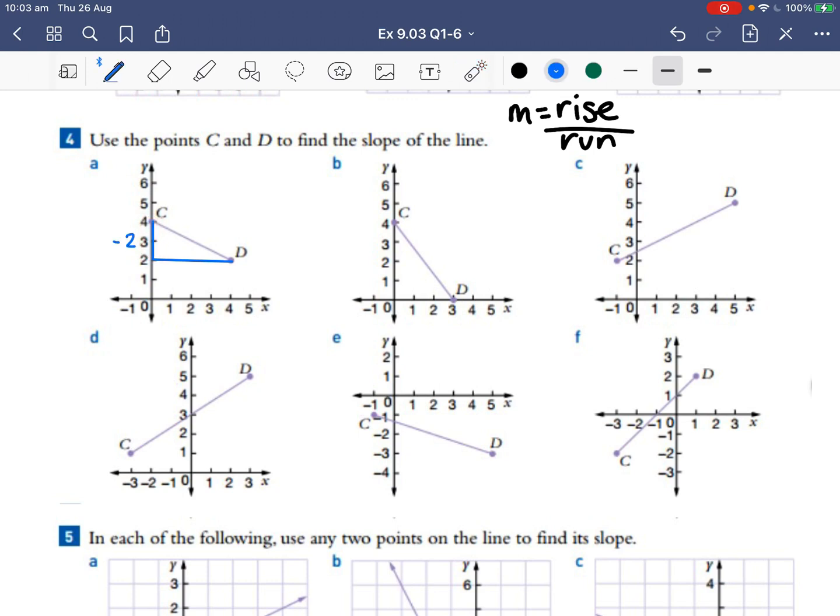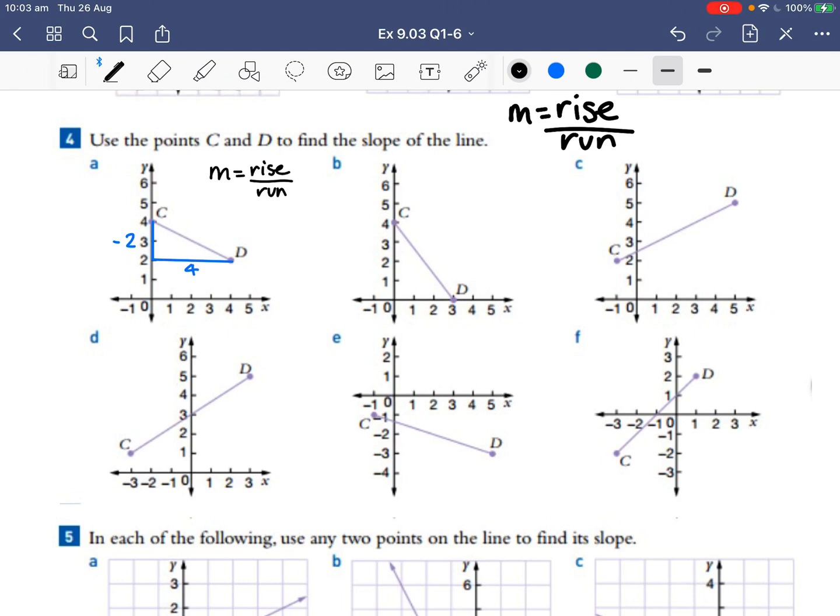It falls 1, 2, so our rise is negative 2 because it's falling down, and then it runs across 1, 2, 3, 4. So it runs across 4.